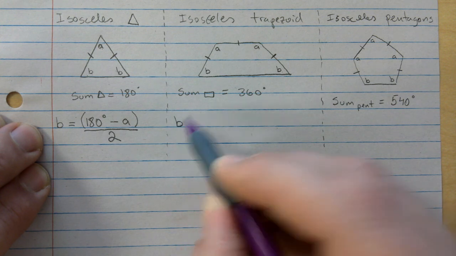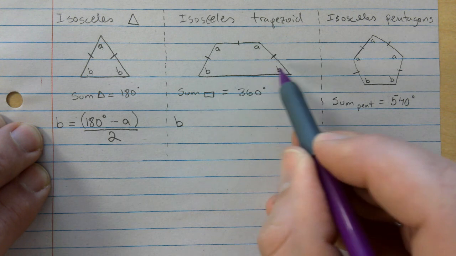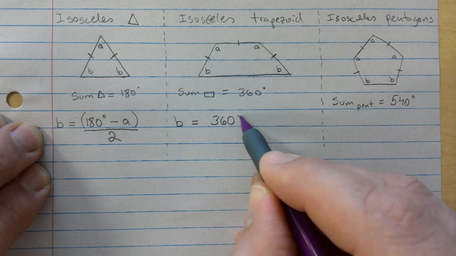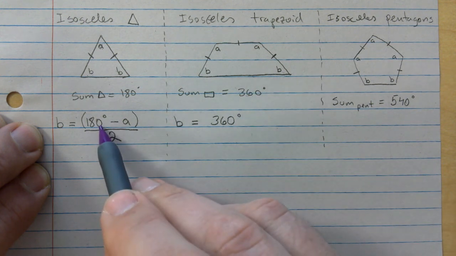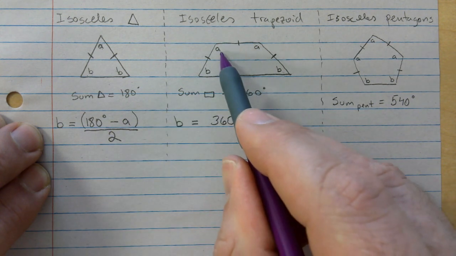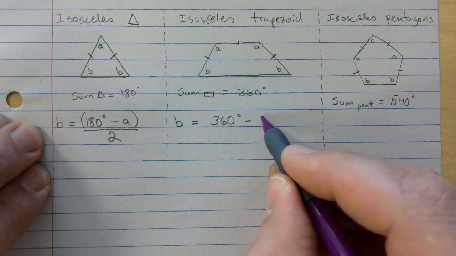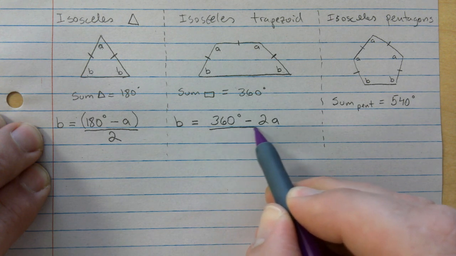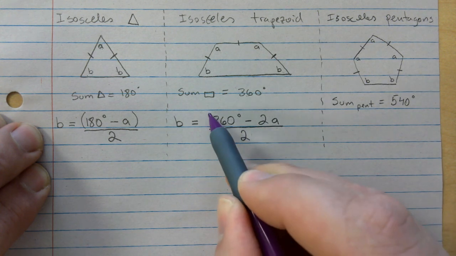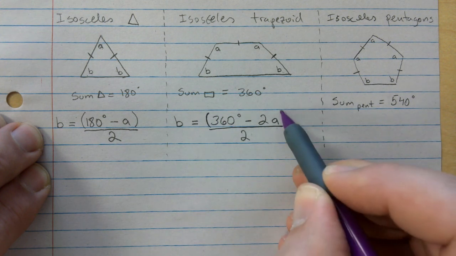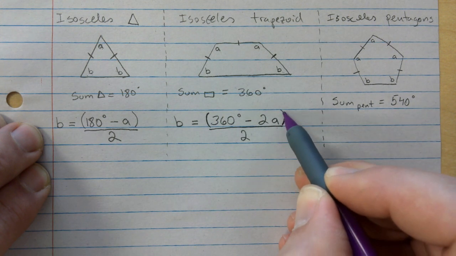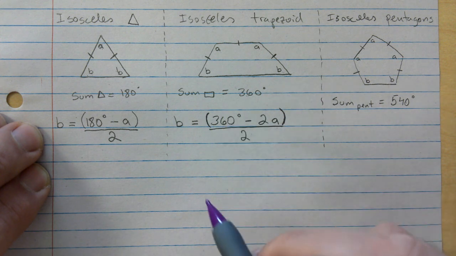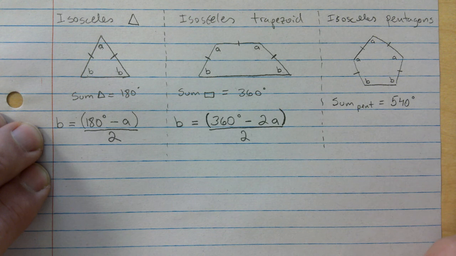If you wanted to find what B would have to be in this case, you start off similarly. We go 360 degrees, and here we started with 180. And in this case, you have two A's. You have to subtract those two angles, so we go 2 times A, all of that still divided by 2. Make sure you put the top in brackets, because I see a lot of students not putting them in, and they type it in all in one shot, and then you get it wrong.